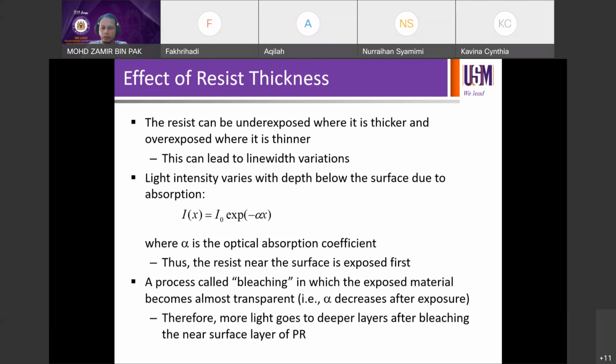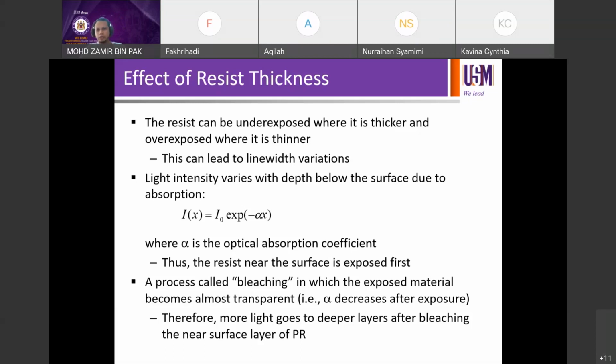So let's recall the CED step. When you expose light of a specific wavelength to the whole photoresist on the wafer, some areas will not be exposed uniformly due to variation of thickness. So the resist can be underexposed when it's thicker and overexposed when it's thinner.